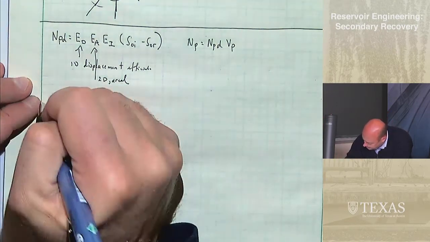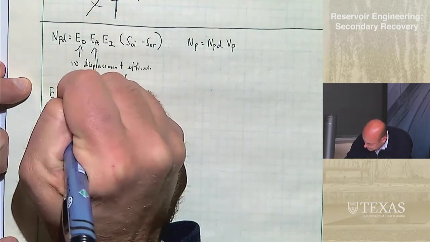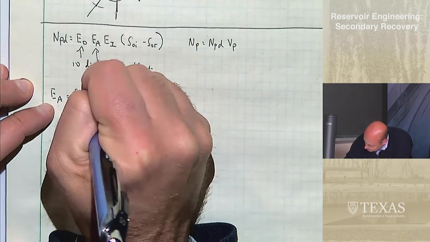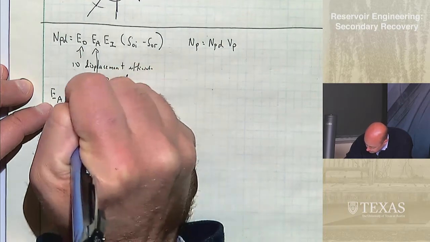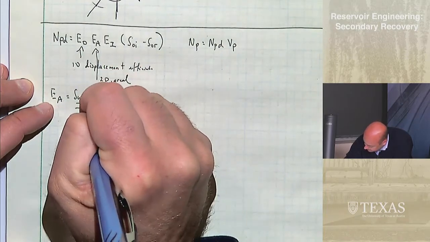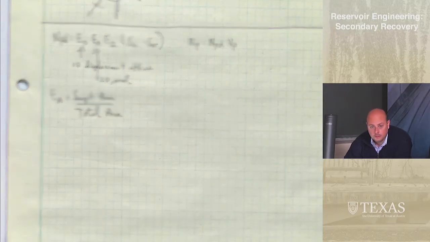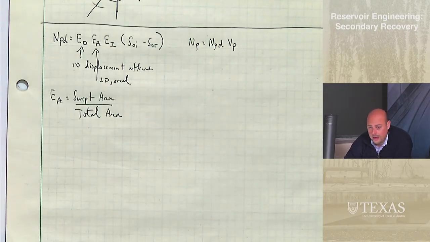Now, EA, by definition, is the swept area divided by the total area. Okay, and I've tried to give it an analogy.